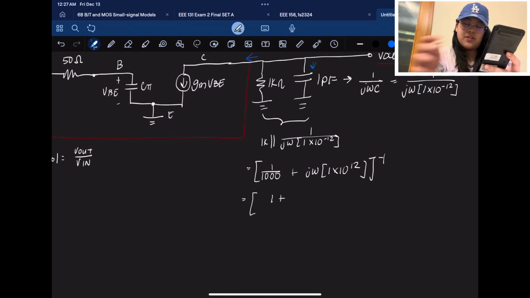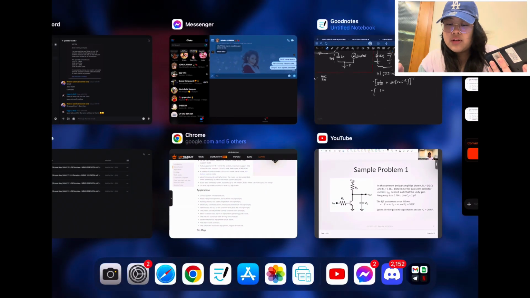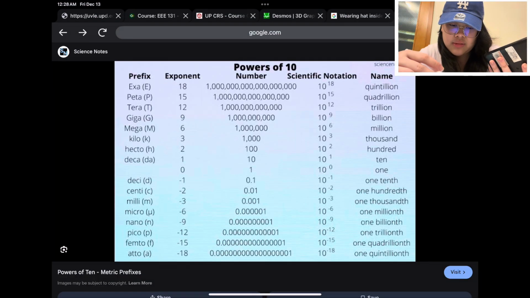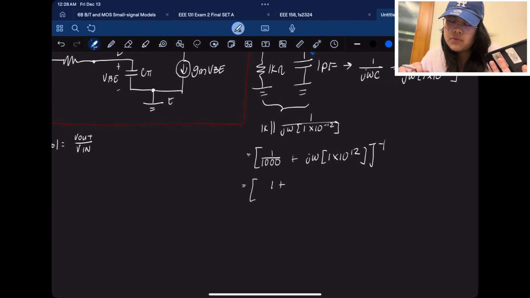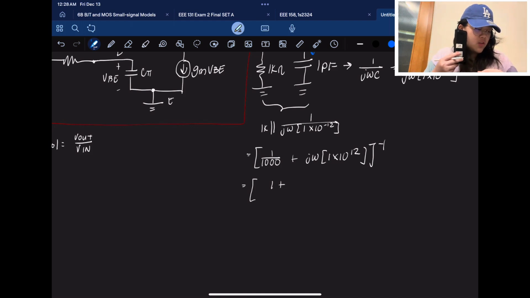Times 1,000. So 1 times 10 raised, something seems wrong. 1 over JWC, pico, 12 or 15. Pico is P, negative 12. If I inverted it, why is it like this? One over JWC, inversing.